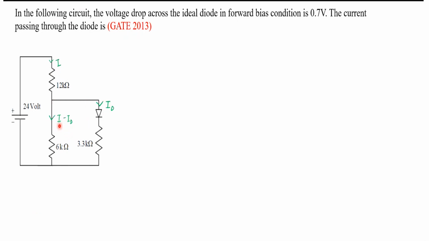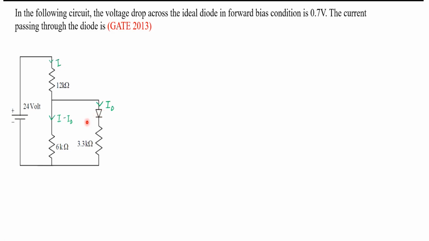Sometimes you can use I2, but it is unnecessarily introducing more variables. Whenever you name the current, you should name it in such a way that you have the minimum number of variables. So in this case, how many variables are there? Two unknown variables. One is I and one is ID.